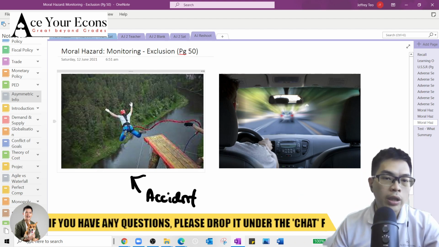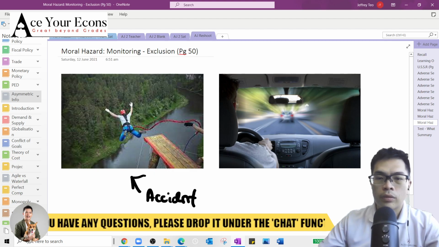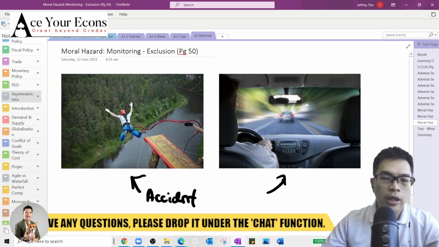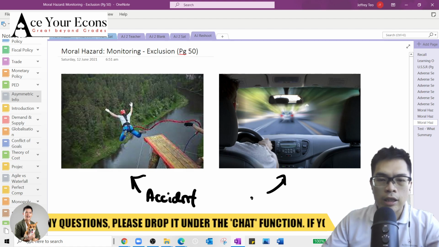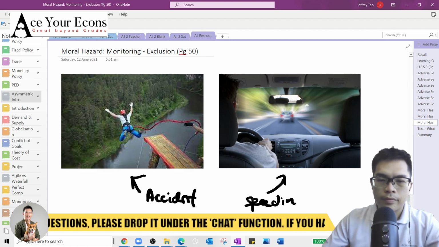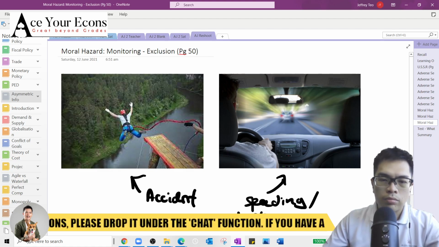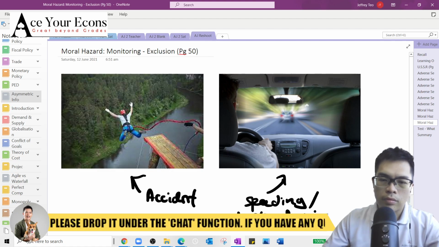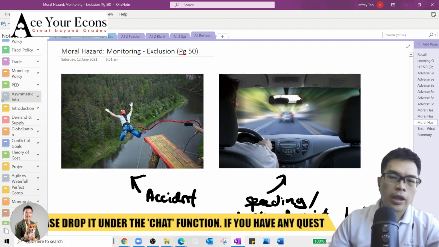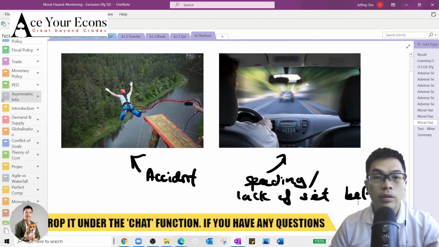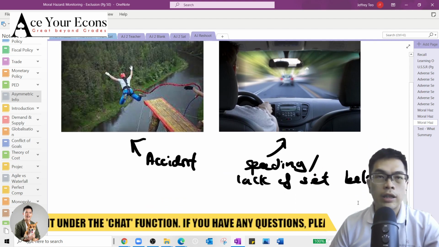Then this will dissuade risky behaviors. Likewise, they can set a rule that any accidents caused by speeding, or lack of seatbelt, will be excluded.